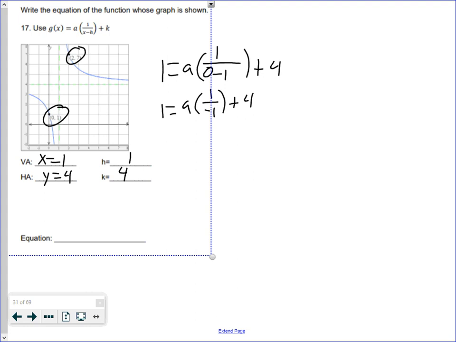Solve it out, minus the 4, negative 3 equals negative a, or a equals 3. So I have my a, h, and k. So my equation is g of x will equal our a value of 3 times 1 over x minus h, which is 1, plus our k value of 4.